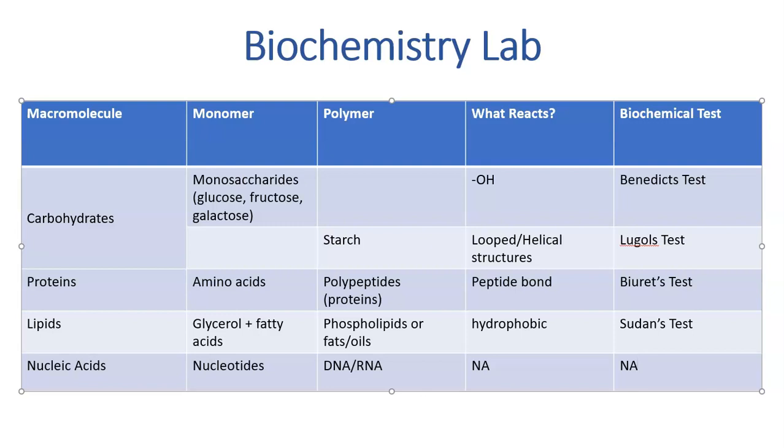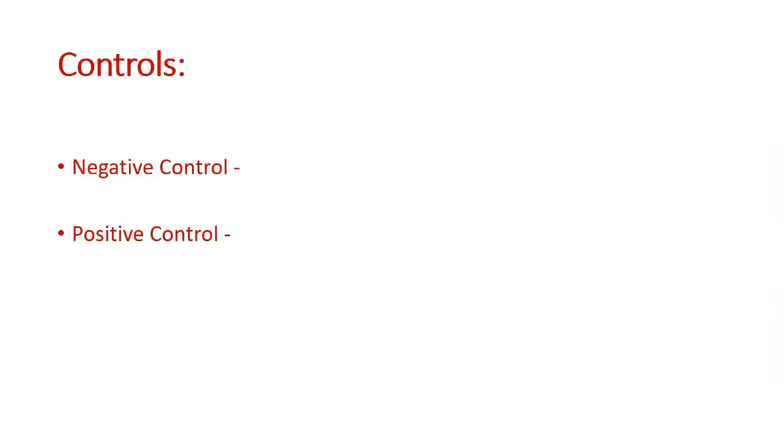All right, as we go on and do these tests and experiments to determine the different macromolecules present in each of our food items, one thing that we need to think a lot about is controls. Controls are components that are designed into the experiment to help you determine whether or not the experiment is working as you intend. Every experiment has to have controls associated with it, and it's important that you have both negative controls and positive controls.